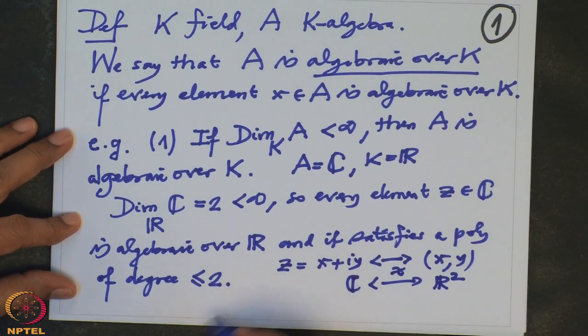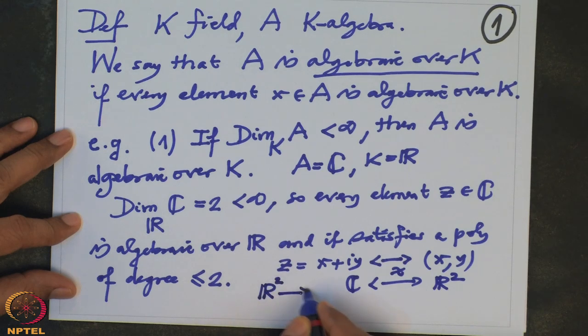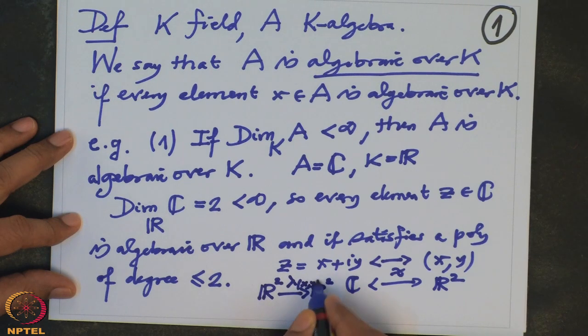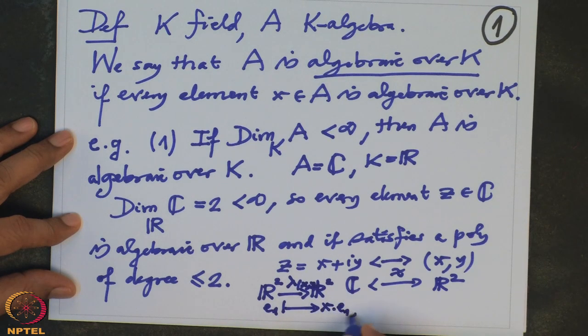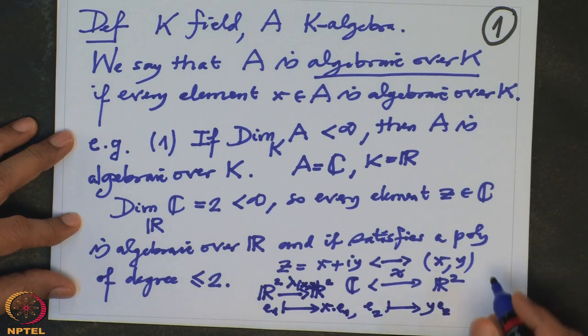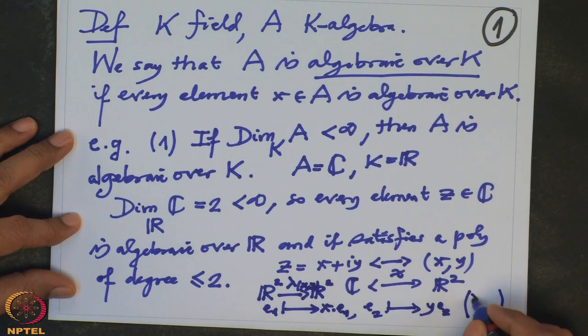So what matrix do I want to find? I want to find, if I take a map from R2 to R2, which is left multiplication by this (x, y), that means e1 goes to x e1 and e2 goes to y e2, and then the matrix is clear: x here, y here, 0 here, 0 here. Then you have to find the minimal polynomial of this matrix. And then you get back to the identification.